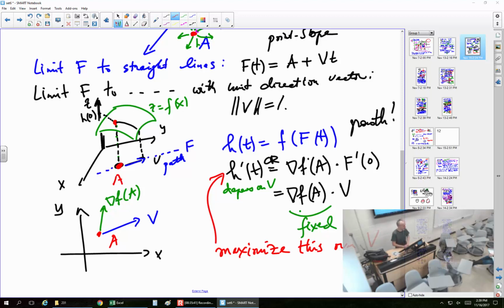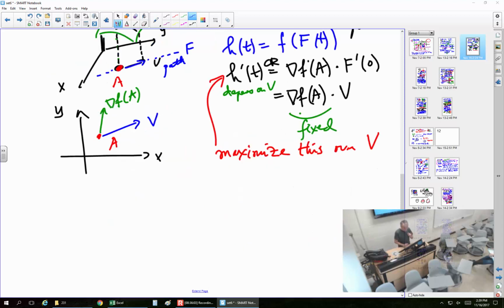That's how we understand these words, fastest growth, the direction of the fastest growth. The direction will be v, and the growth itself will be h prime. Okay? So how do we maximize it? In other words, how do we maximize the dot product when one of the vectors is fixed and the other one has a fixed unit magnitude?